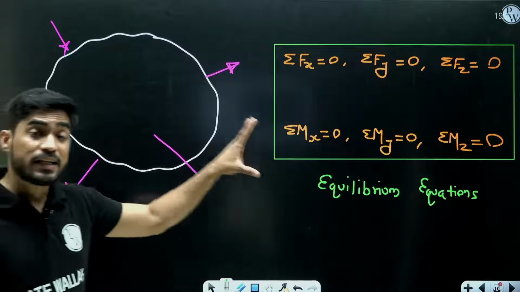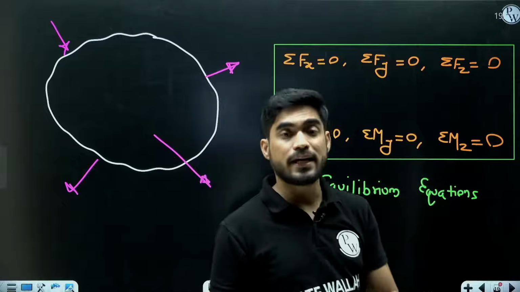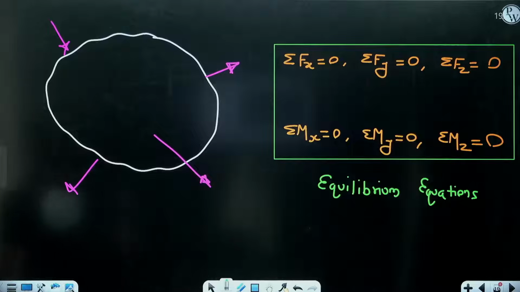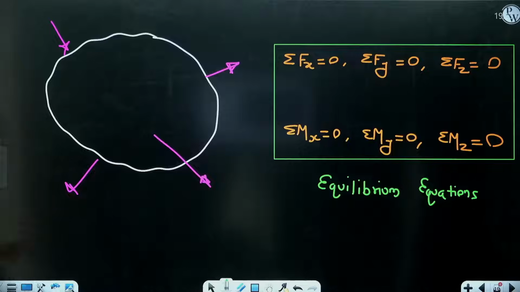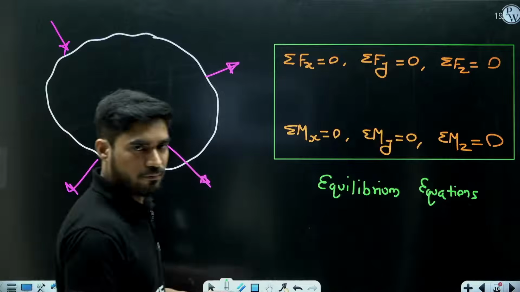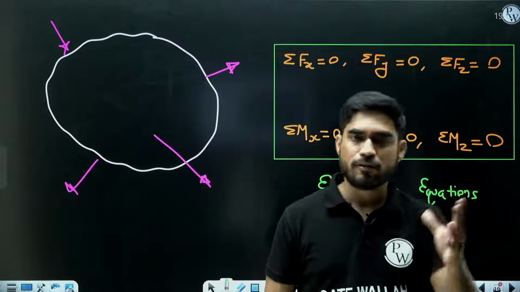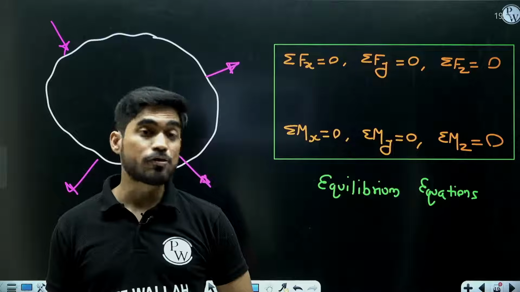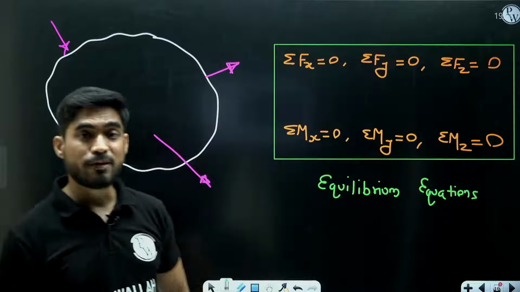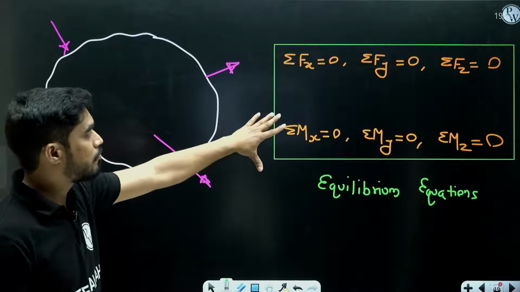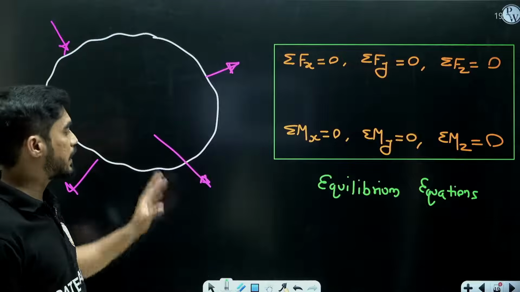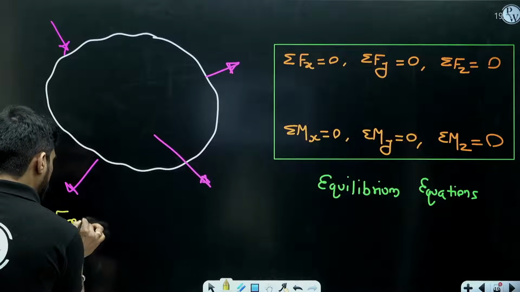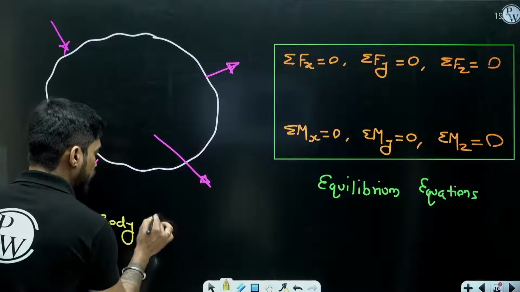So whenever you have a question where the body is in equilibrium and you have to calculate some unknown forces, you will draw the free body diagram of the body first, because without drawing the free body diagram, we will not be able to apply these equations. Okay, what is this? This is a free body diagram. So we can only apply equilibrium equations on a free body diagram.